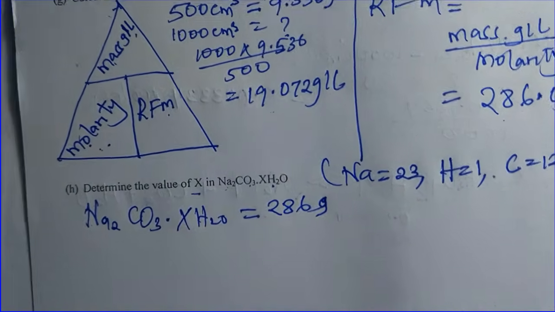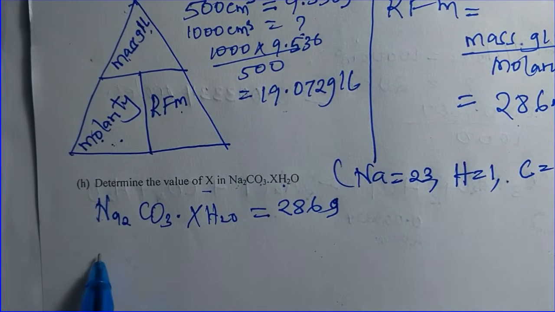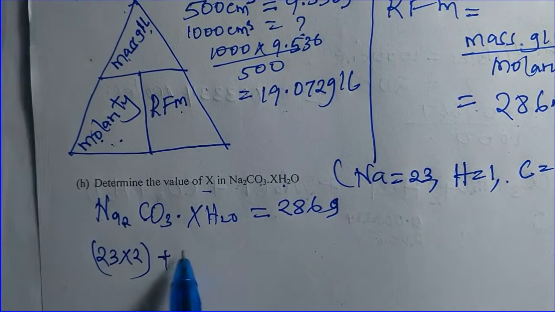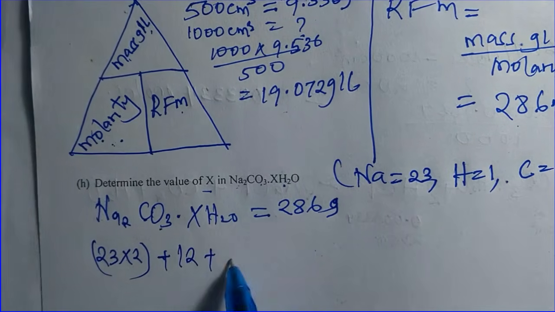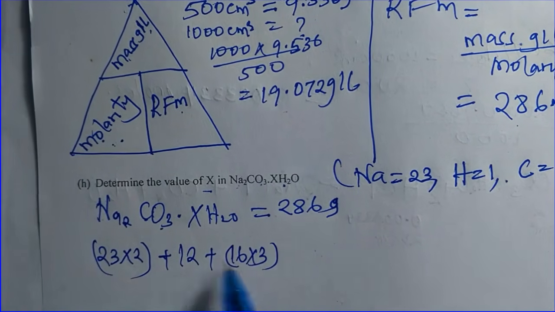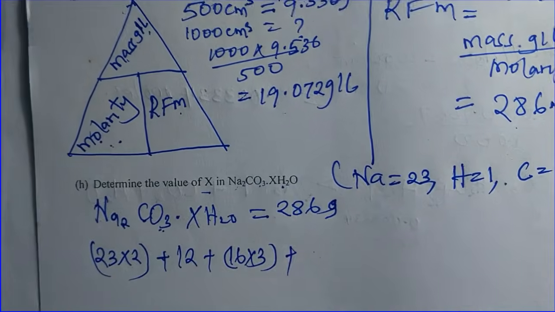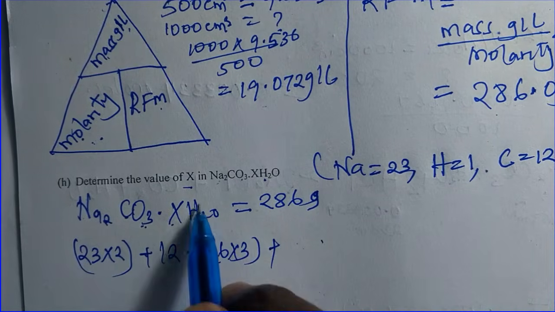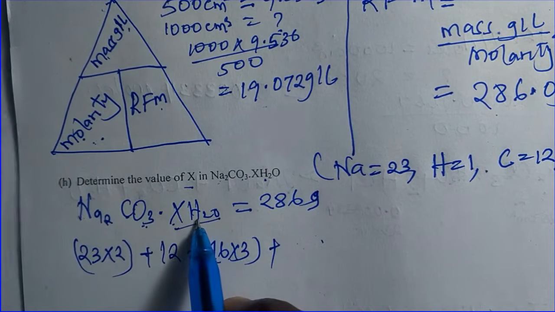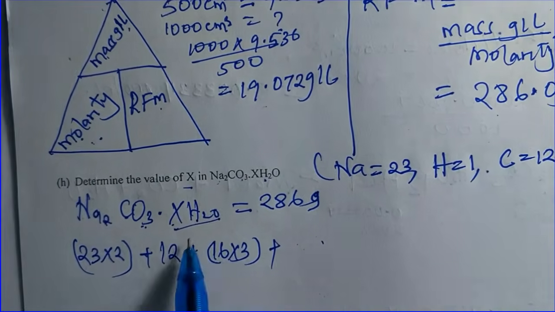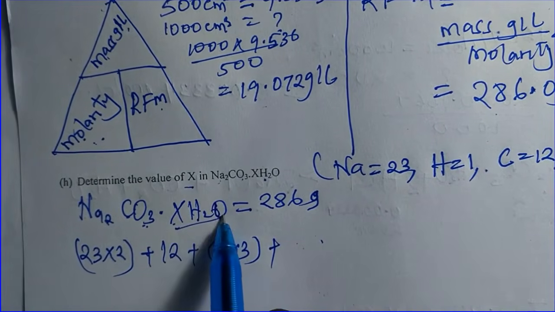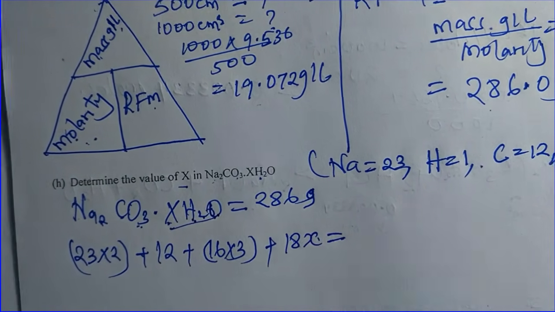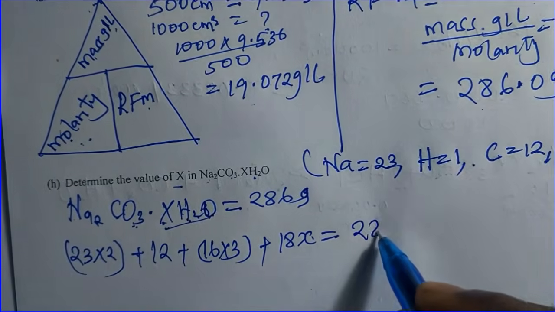So you will start with sodium. Sodium is 23, there are two of them, so times 2, plus carbon, which is 12, plus 16 times 3, then plus X water. This water is combined, so water is 18. 18 how? This is 16 plus 2, 18. So 18 times X, 18X, is equal to 286.